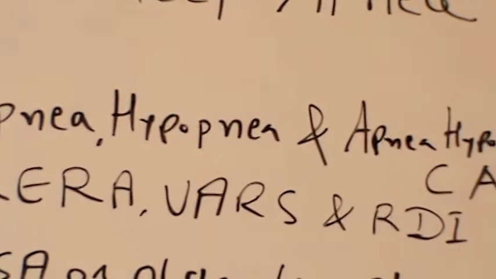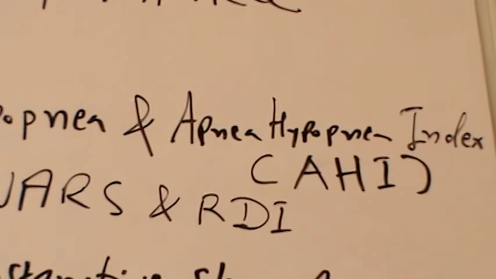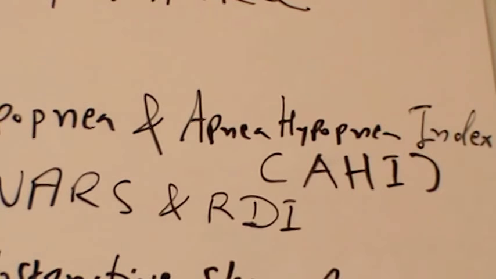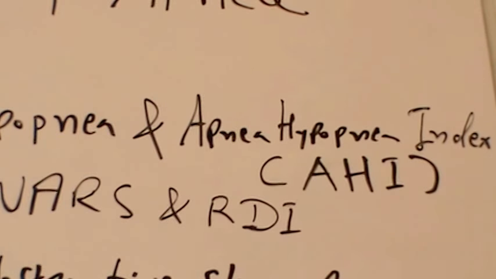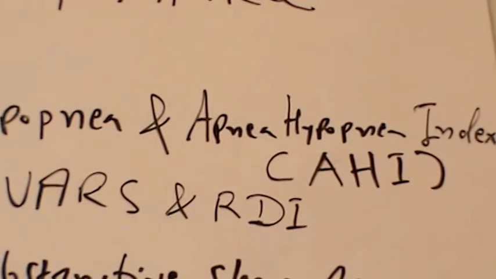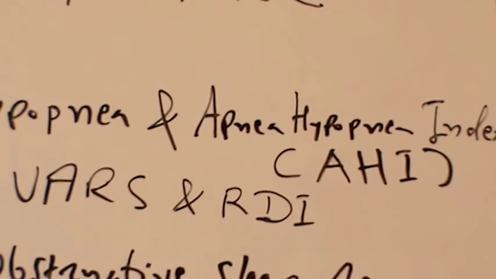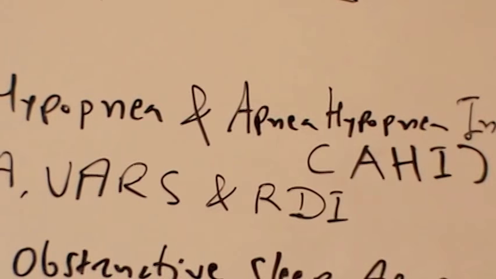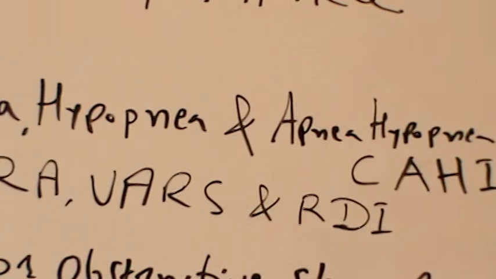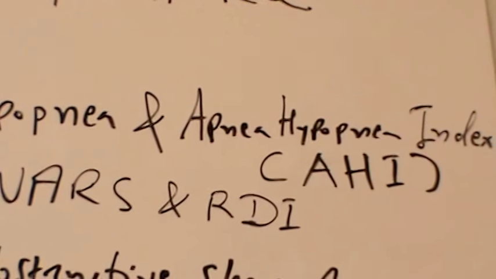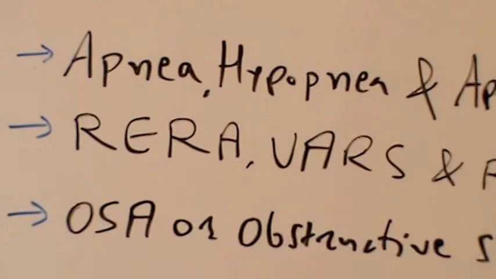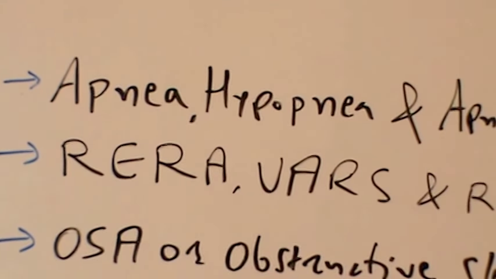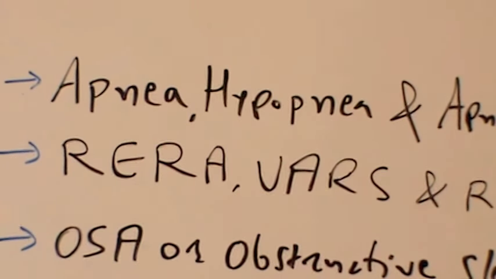And apnea hypopnea index or AHI is equal to the number of apneas plus hypopneas divided by the number of hours of sleep. Remember, it is an index. So you are adding apnea plus hypopnea and then you are dividing it by the number of hours of sleep to arrive at the AHI. And you will see different ways in the medical records these things are described.